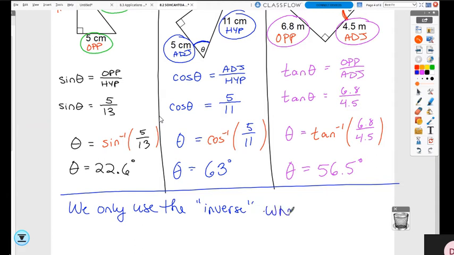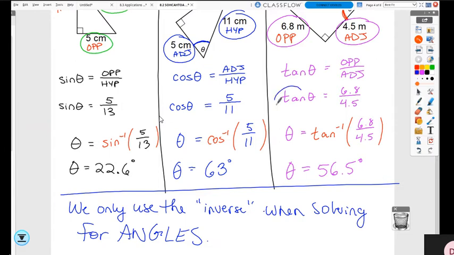When solving for angles, that's the only time we use the inverse. It's only used for angles. When we solve for sides, we don't use the inverse. This is specifically for angles. It makes sense because we're solving for theta. We need to get rid of tan, so we'd have to do the tan inverse to do that.